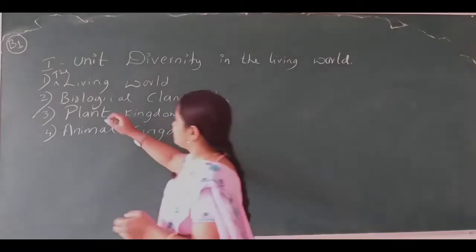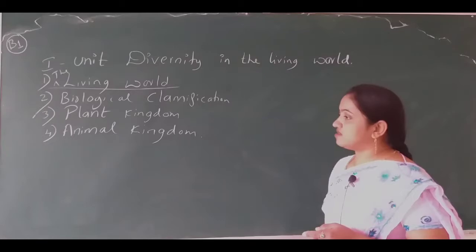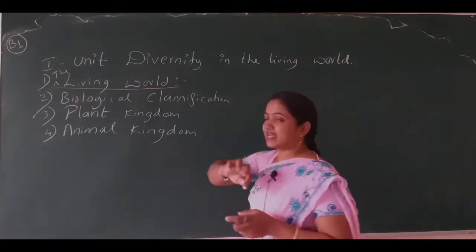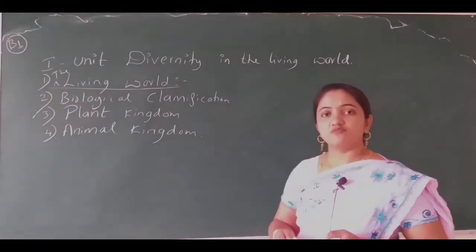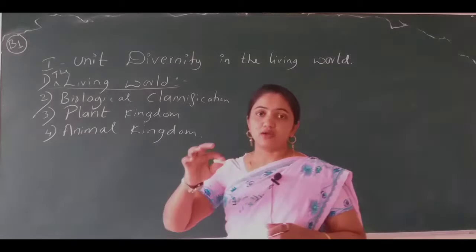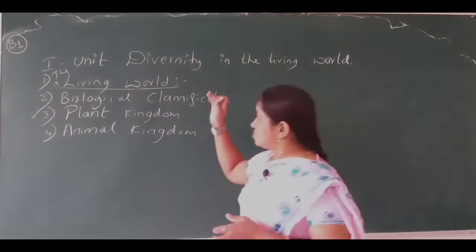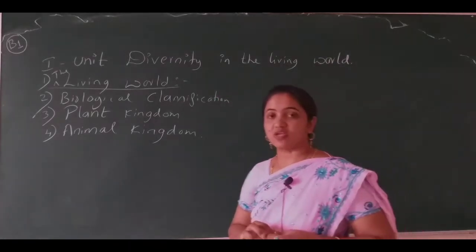In the living world chapter, we will be knowing about the characteristic features of living organisms, on what basis we can call an organism living or dead. First is the characteristics of living organisms.